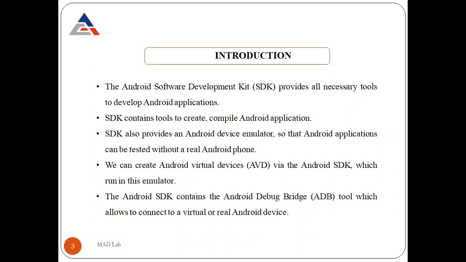So these two are the important factors that you always have to install with Android Studio. The software development kit contains tools to create and compile the Android applications. It means it's helpful for the creation of the application as well as to compile it to find that we are getting a good result.